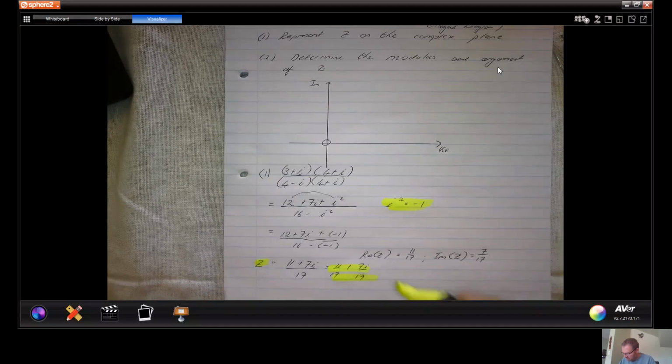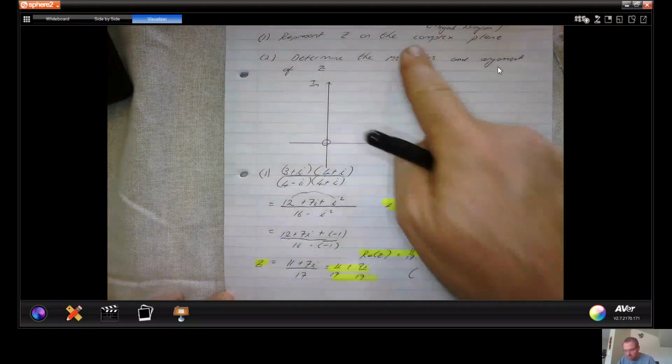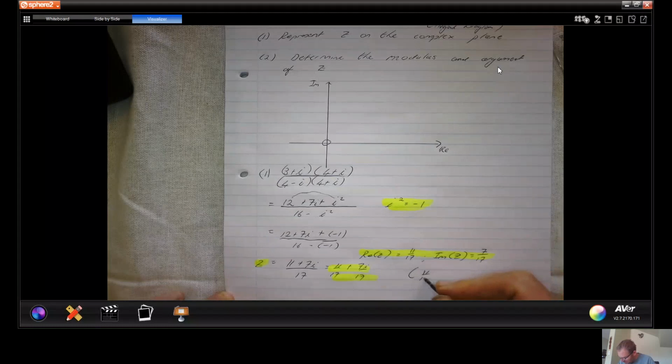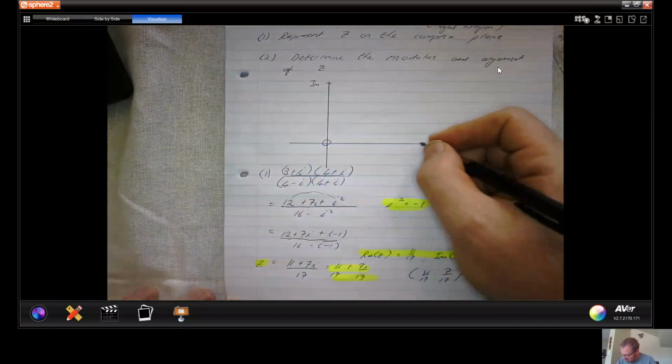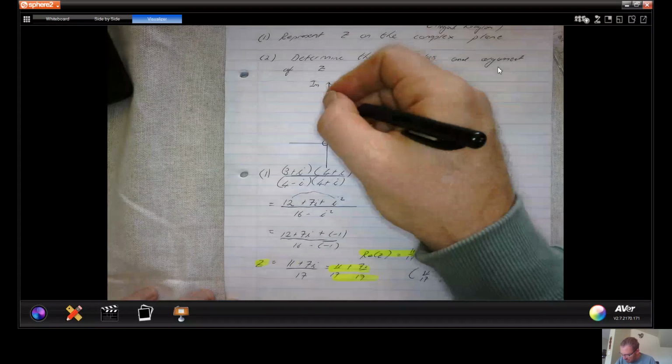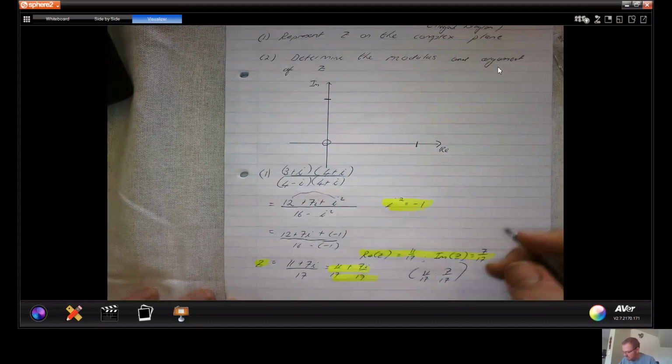Okay, so those are the points you're going to plot, because you're asked to represent Z on the complex plane: 11 over 17, 7 over 17. Think of it as being 11 and 7. So 11 is more across than it is up, roughly. Please don't go spend hours measuring.